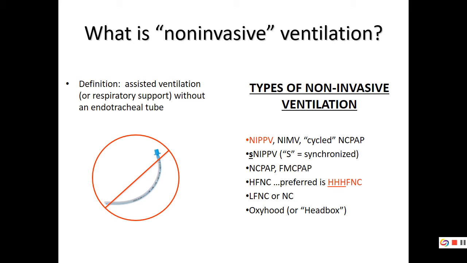We also have high flow nasal cannula, or the preferred term, triple H, heated humidified high flow nasal cannula. We also have low flow nasal cannula, or some people will just call it nasal cannula. And then we also have the oxy hood, which some of you may never have even seen.